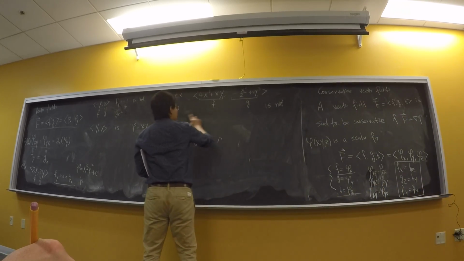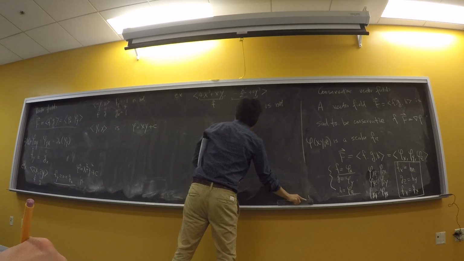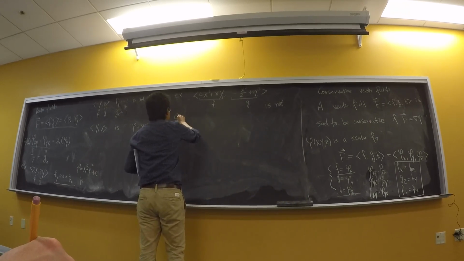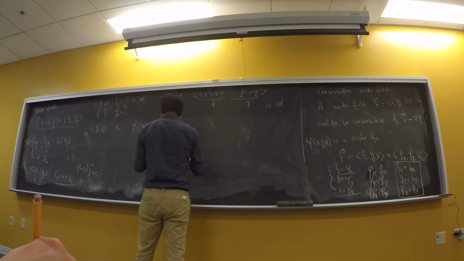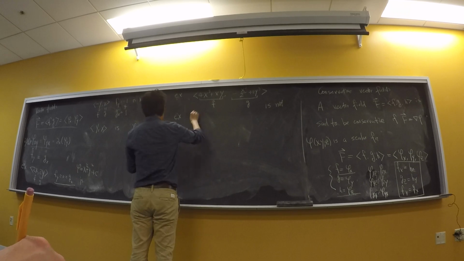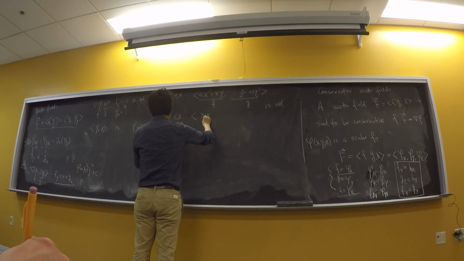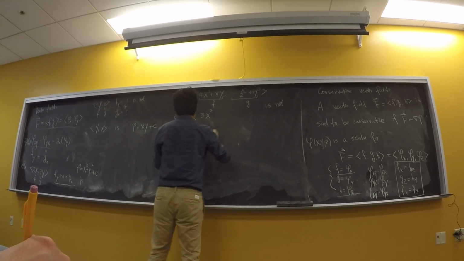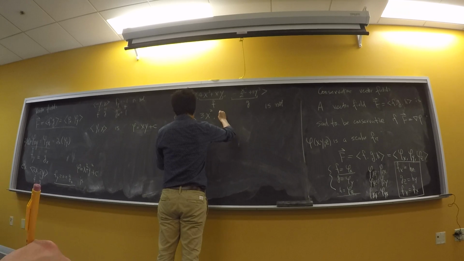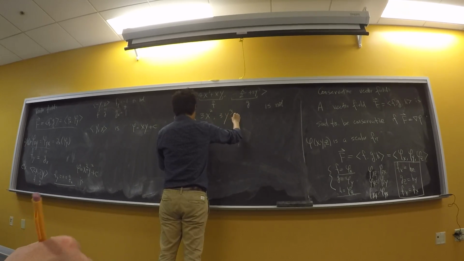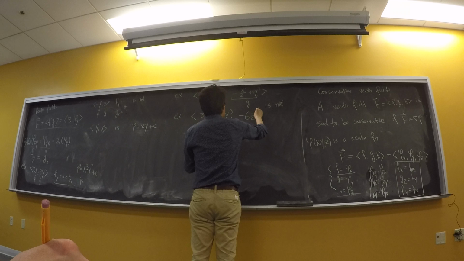So I want to give you one example here. Let's say I have 3x squared, 3y cubed, and minus 6z cubed.